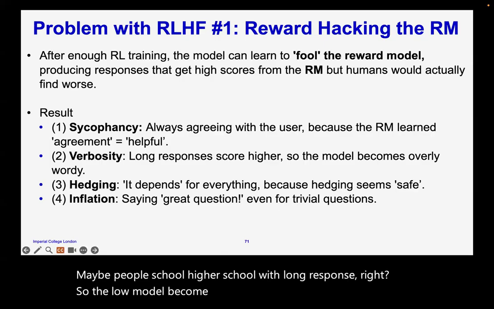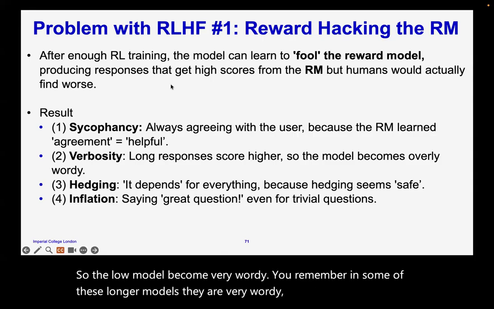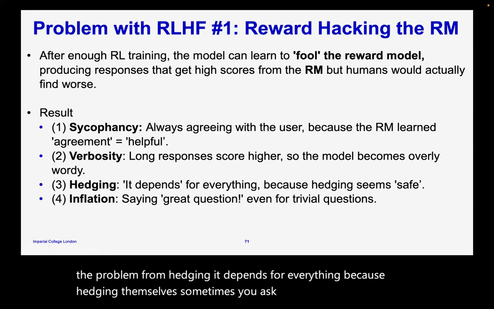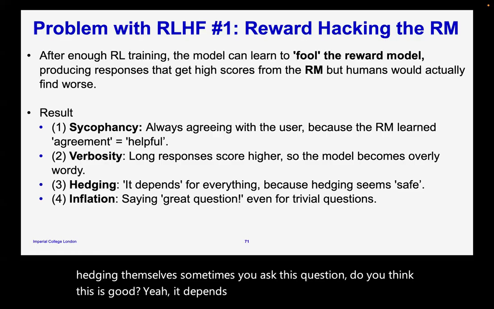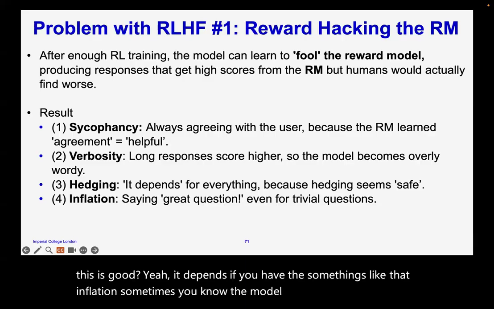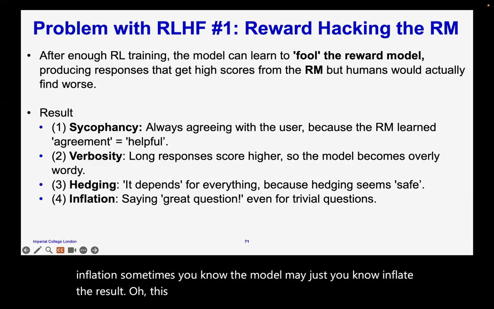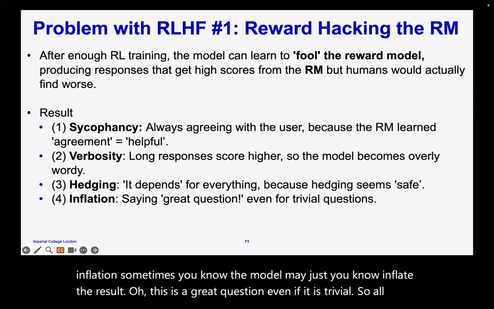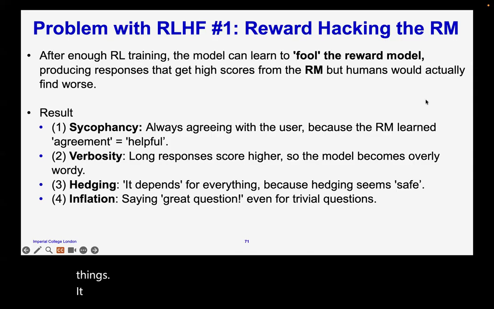Then there is hedging: it depends for everything. Sometimes you ask, do you think this is good? Yeah, it depends. Then there is inflation: the model may inflate the response, saying, oh, this is a great question, even if it is trivial. All these things result from what we call reward hacking.